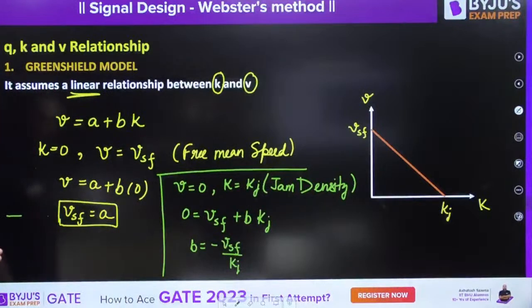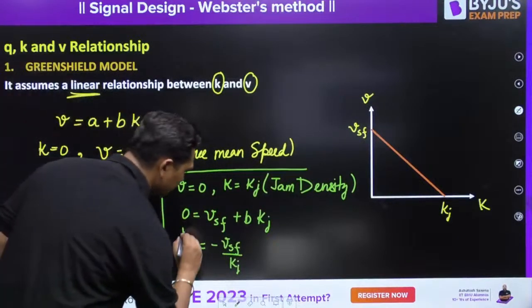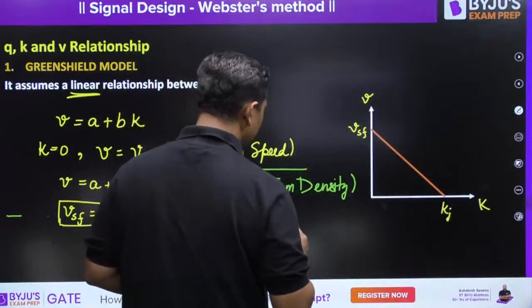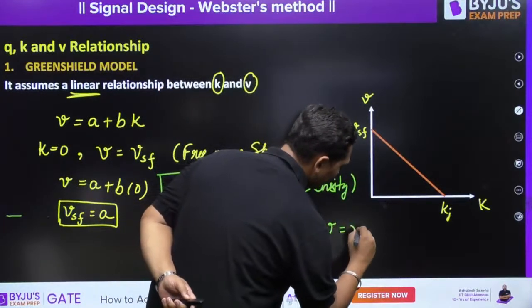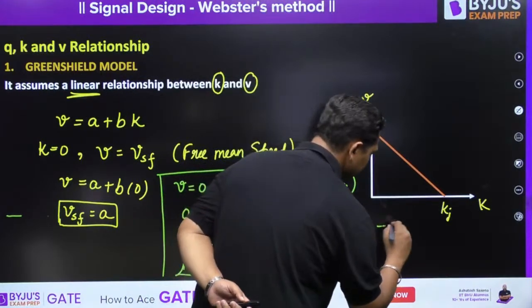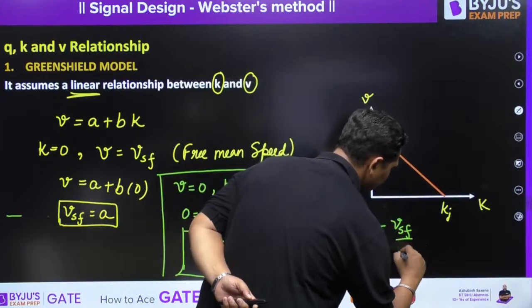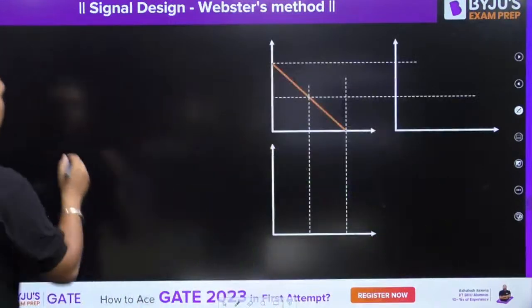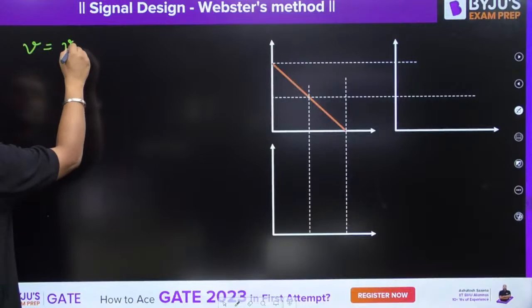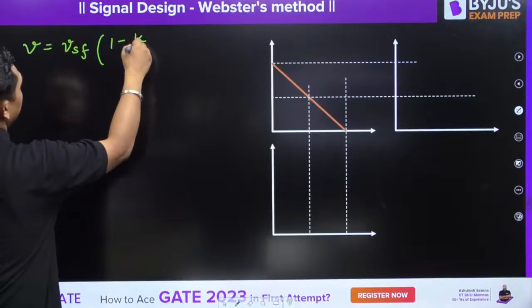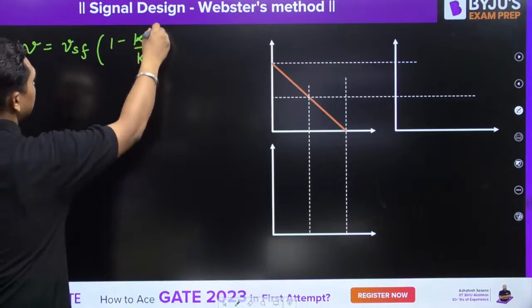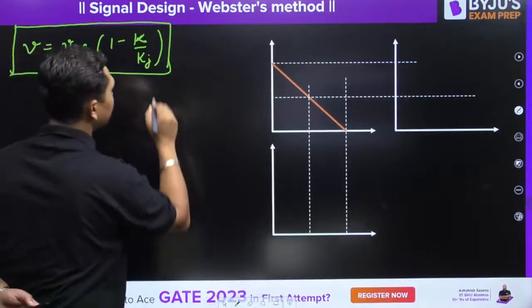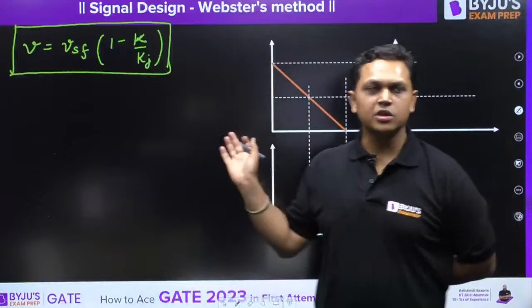So substituting the value of A and B in the above formula, you will get velocity is equal to Vsf minus Vsf upon Kj into K. So if you take Vsf common, your equation will become V is equal to Vsf (1 minus K upon Kj). Any doubt? So this is your relation between velocity and the density. This is the equation of this line.